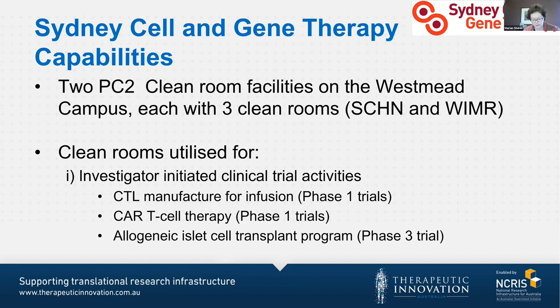Firstly, one facility is used for the manufacture of cell therapies for investigator-initiated clinical trial activities, and this is in cytotoxic T lymphocyte manufacture, CAR T-cell therapy in early phase trials, and an allogeneic islet cell transplant program, which is in phase 3 clinical trial.